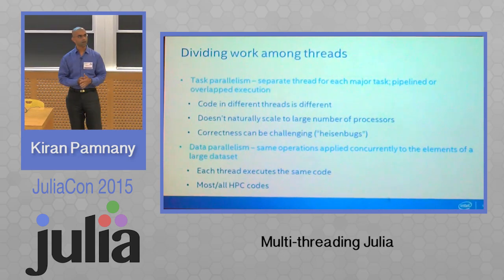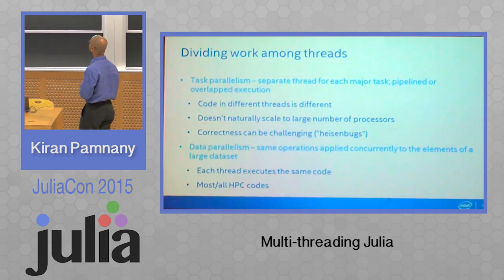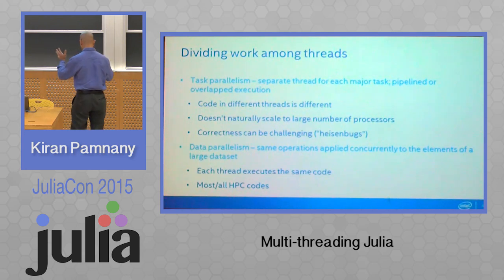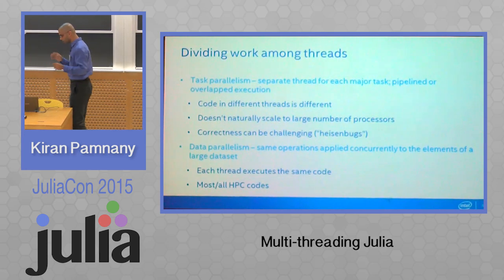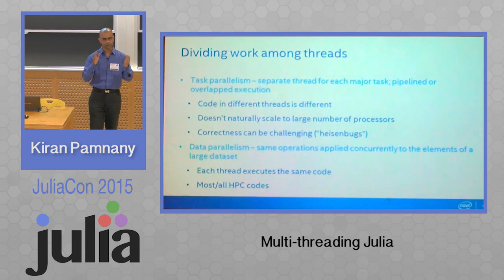So, dividing work among threads: you have a whole bunch of threads, how are you going to use them? This is one way of looking at forms of parallelism. There are others, of course, but this is one way to break it down.